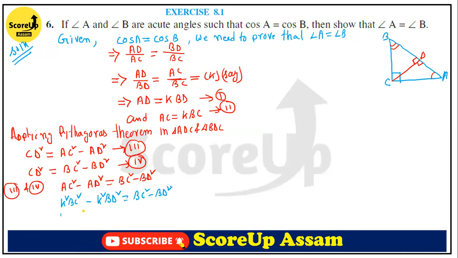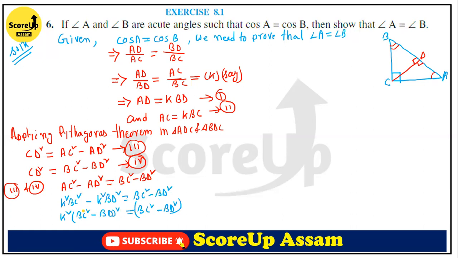So now K square is common. Here BC square minus BD square, here also BC square minus BD square. So what will you get ultimately?